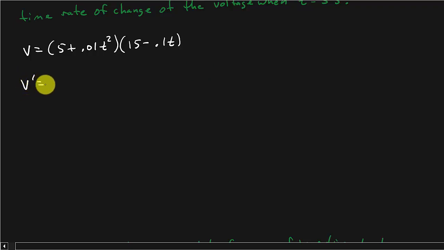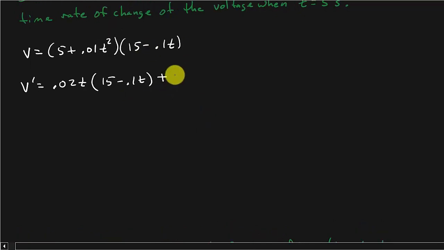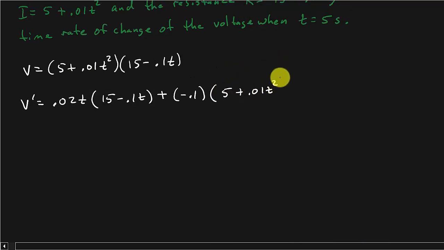So we get V prime is equal to the derivative of the first, which is 0.02 t, times the second, which is 15 minus 0.1 t. All right, so this is the derivative of the first function times the second function, plus the derivative of the second function, which is negative 0.1, times the first function, 5 plus 0.01 t squared.